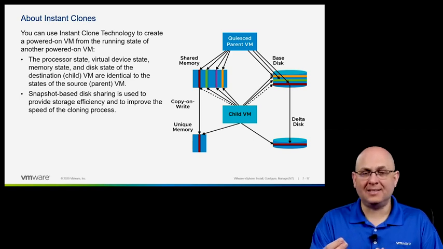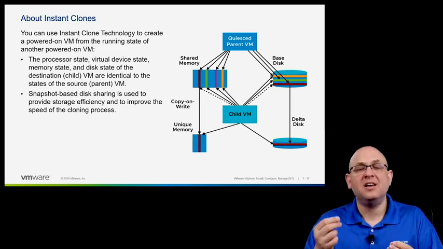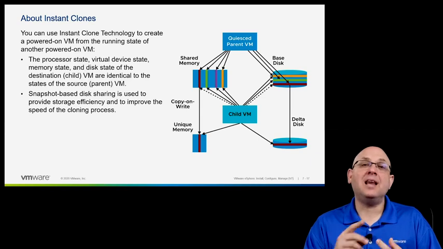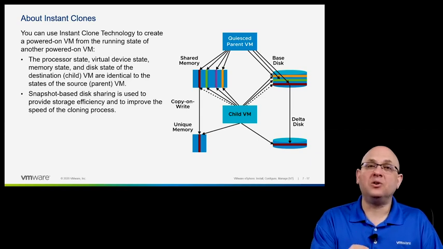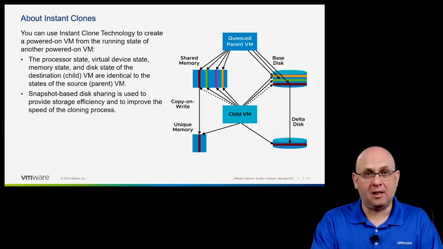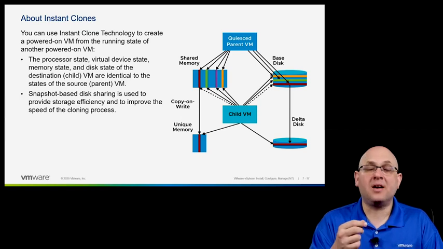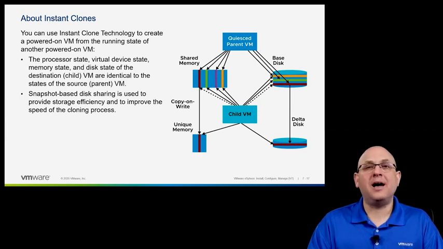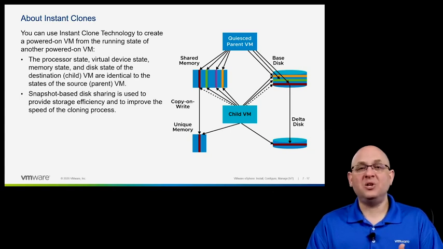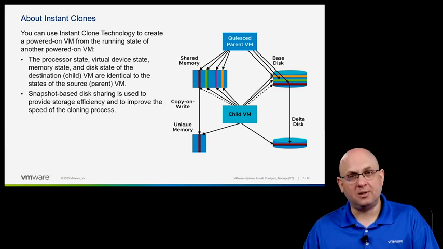It works like this, and it's got some very specific use cases. It's not something that today we can do from the vSphere UI client. It's something that we can do on the command line by utilizing VMware's APIs. But I want to talk to you about this so you can get an idea as to what some of the capabilities around instant clones are.